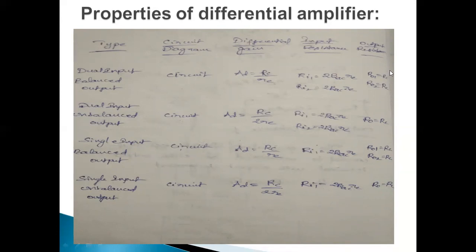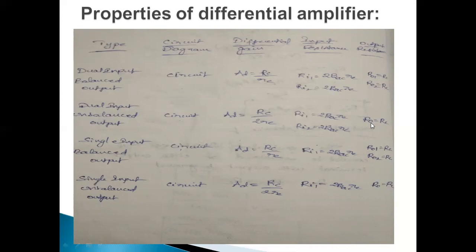And the last one is output resistance. For the first configuration, that is the dual input balanced output configuration, we are taking the output between two collectors. So that means we have two output resistances. That is RO1 is equal to RC, RO2 is equal to RC. For the dual input unbalanced output configuration, we are taking the output at only one collector with respect to ground.